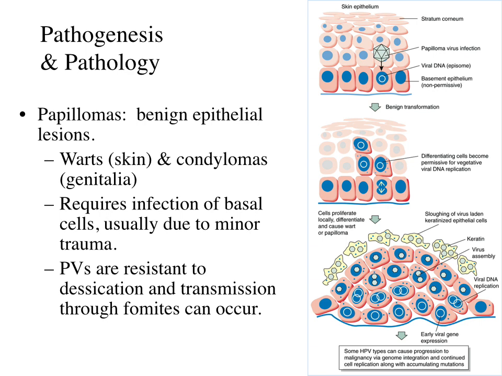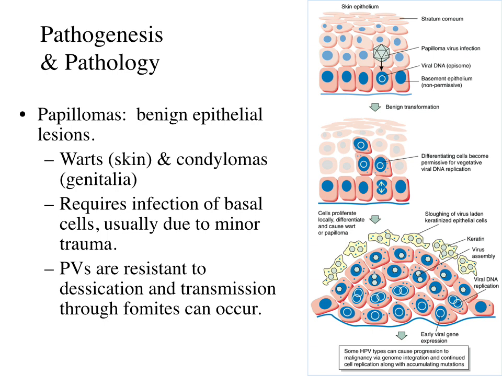And so oftentimes the infection of the epithelial tissue is associated with some sort of minor injury, a scratch or something that allows the virus access to the basal epithelial cells.